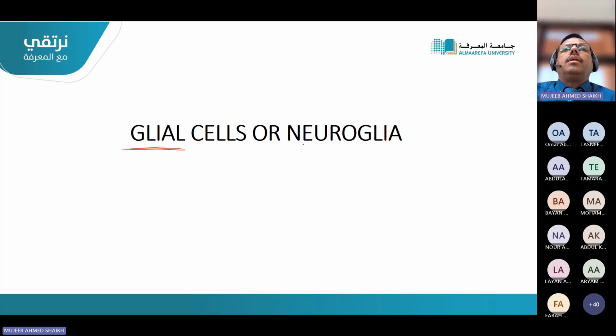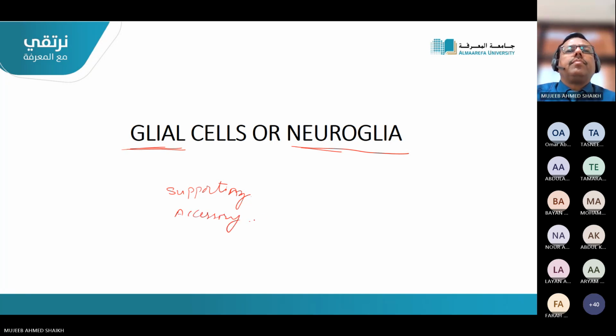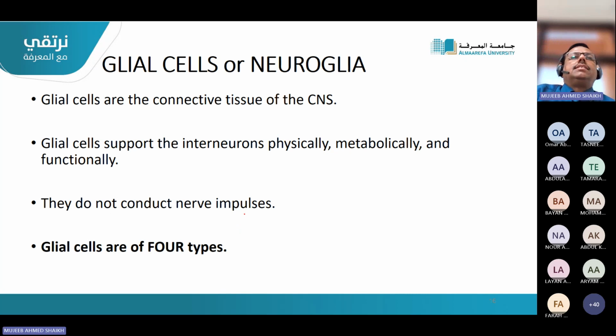As they are related to the nervous system, we call them neuroglia. Neuroglia are nothing but supporting or accessory cells.